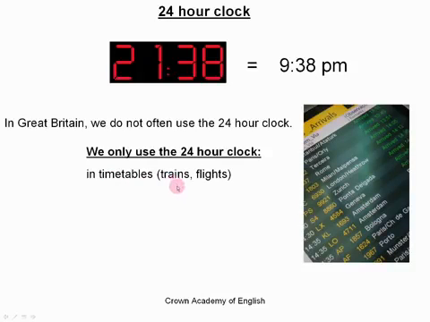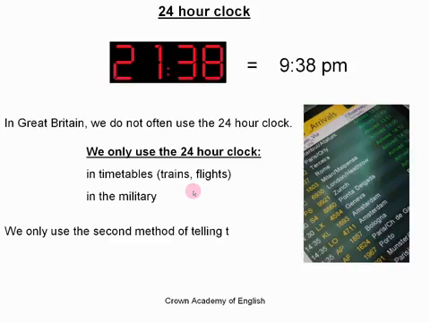So when you see train times or times of flights, like here, that is one of the only times that we use the 24-hour clock. And also the military. So the military, they use the 24-hour clock because it is very precise. Okay?